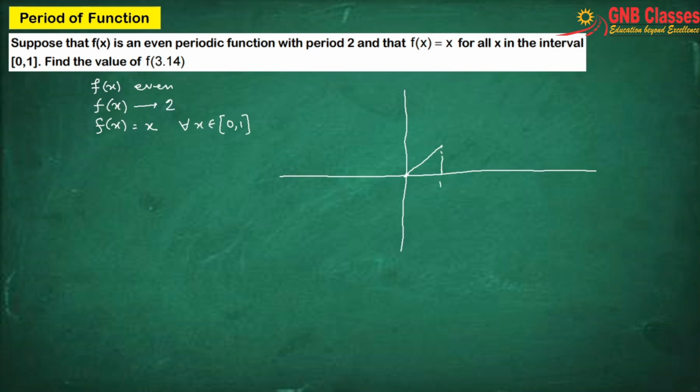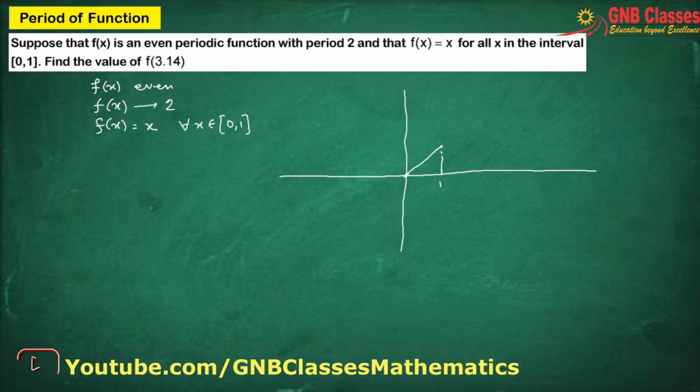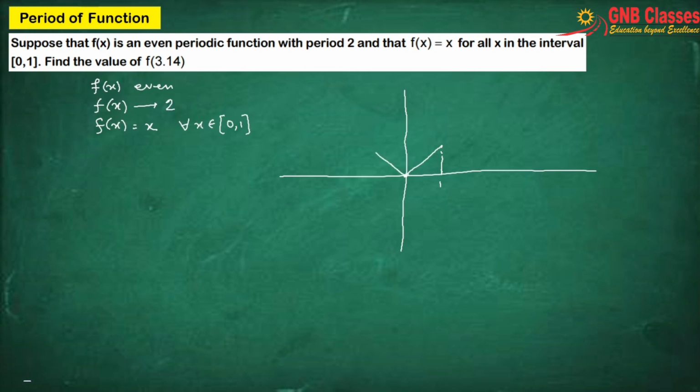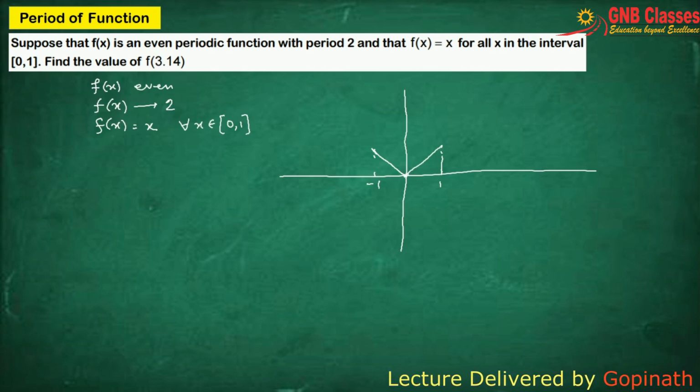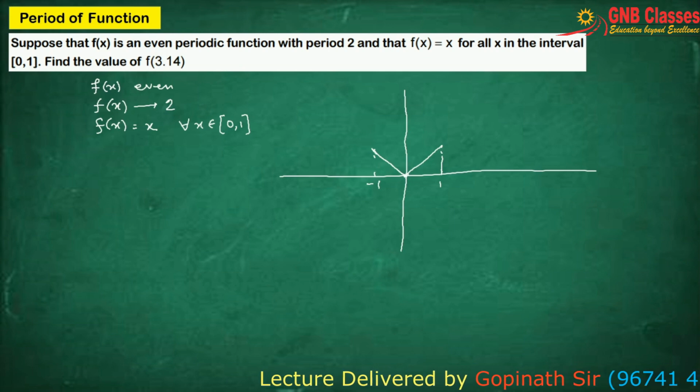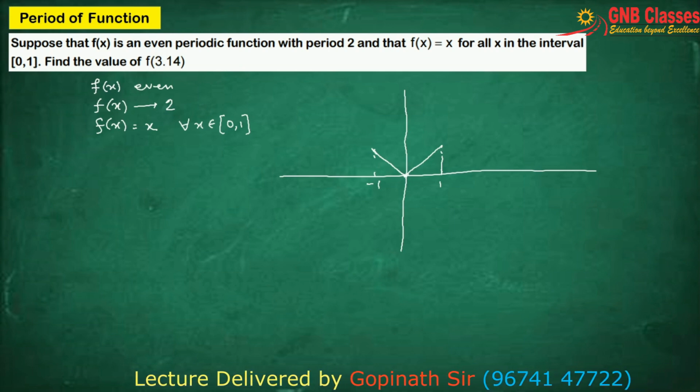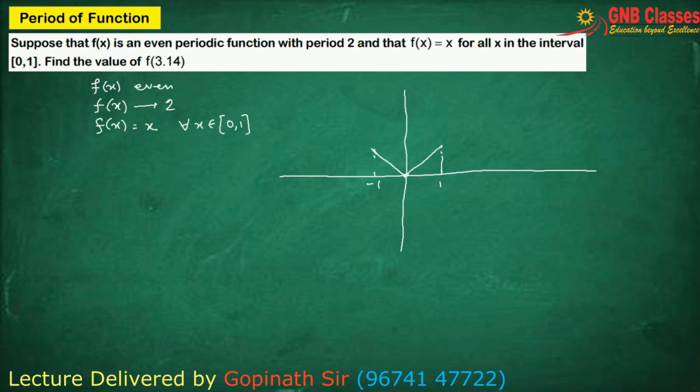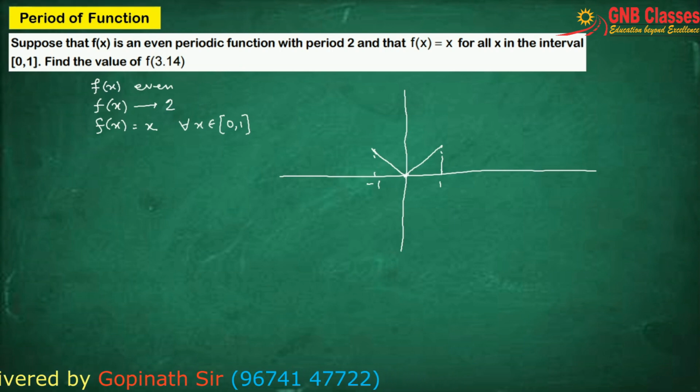Now, since the function f(x) is an even function, we will have y equals minus x. Whatever part is in the first quadrant, we will have the same part in the second quadrant also. That is, it is the mirror reflection about the y-axis. Is it clear?